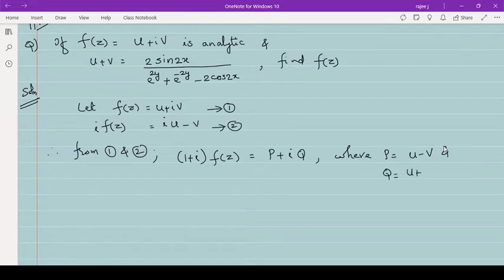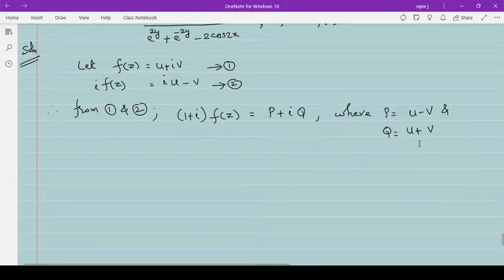Directly you can write this, no need to show it. So (1 + i) f(z) is p + iq, where p is u − v and q is u + v.